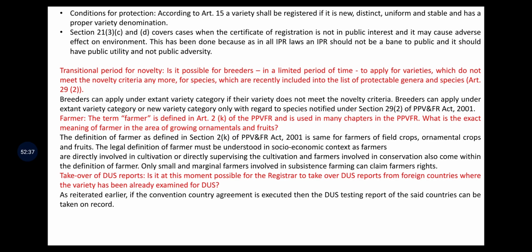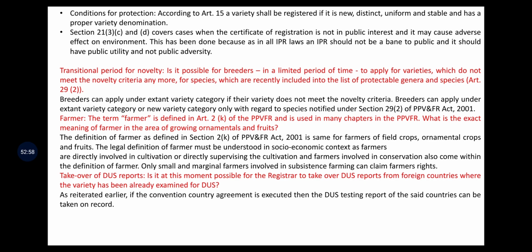The legal definition of farmer must be understood in a socio-economic context, as farmers are directly involved in cultivation or directly supervising the cultivation, and farmers involved in conservation also come within the definition of farmer. Only small and marginal farmers involved in subsistence farming can claim the farmer's right.